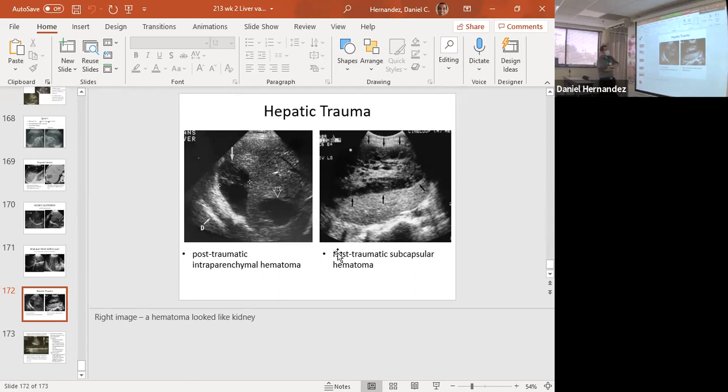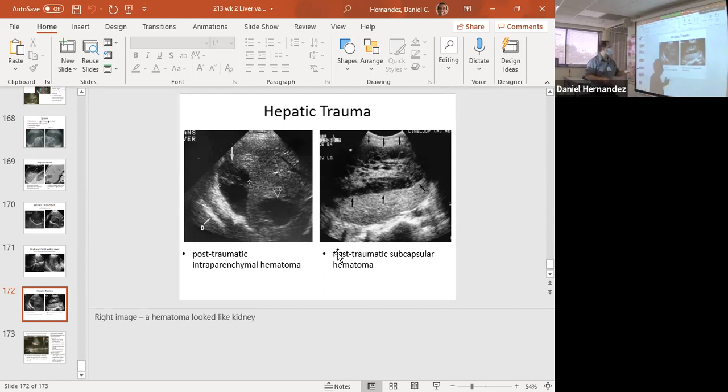A lot of times with hematomas, you'll have a dependent portion that appears more cystic. The part of the blood that's still liquid will be more dependent, and the more superior portion will appear more echogenic, whereas the fibrin strands start clotting together.